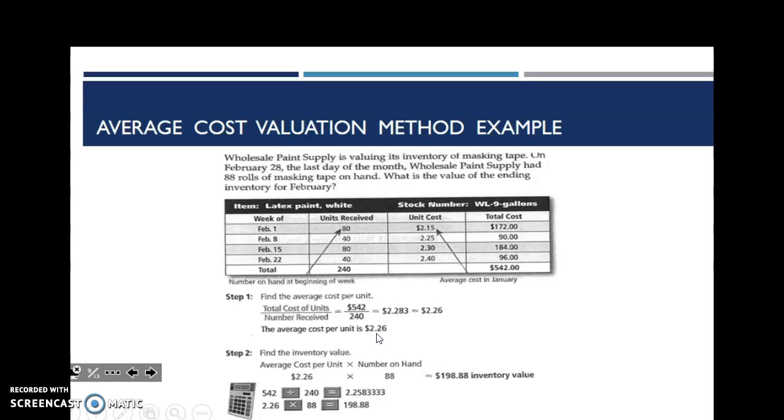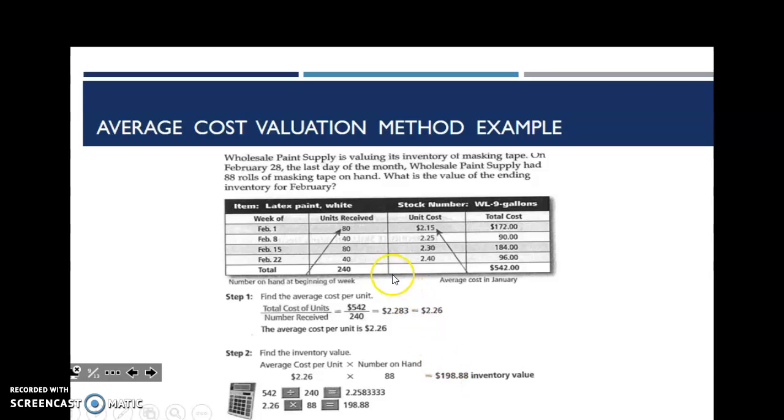So then we'll find the inventory value based on the average cost per unit. We will take $2.26 and multiply it by the number of rolls of tape on hand. This is the ending inventory, and it results in an inventory value of $198.88.